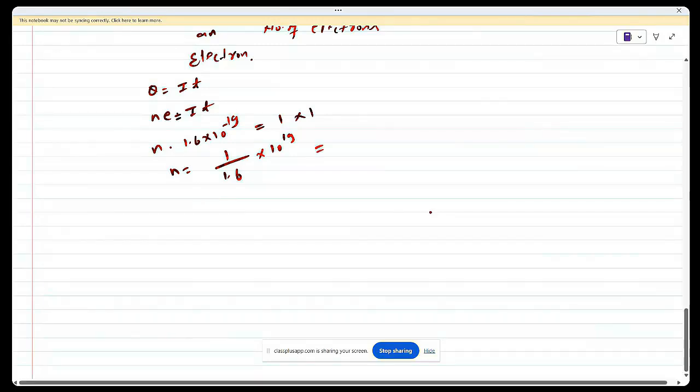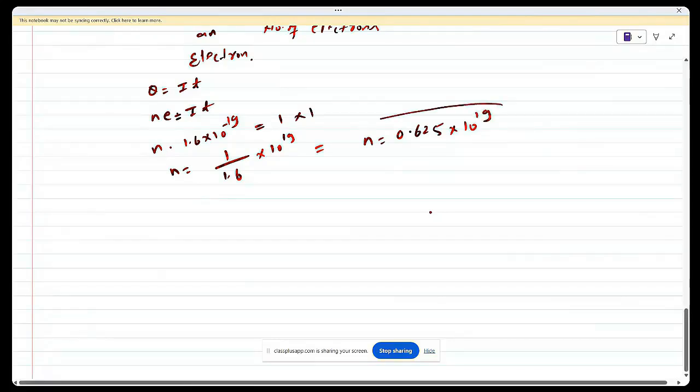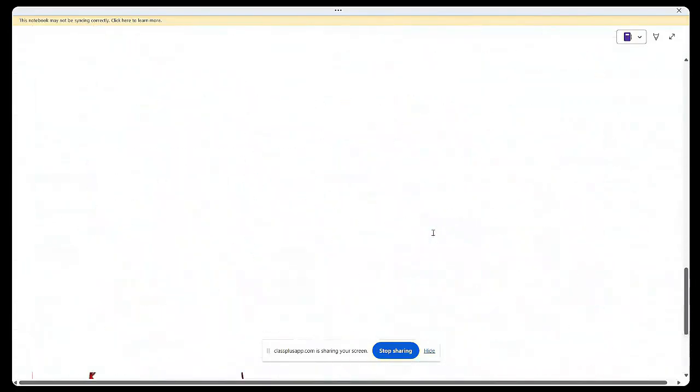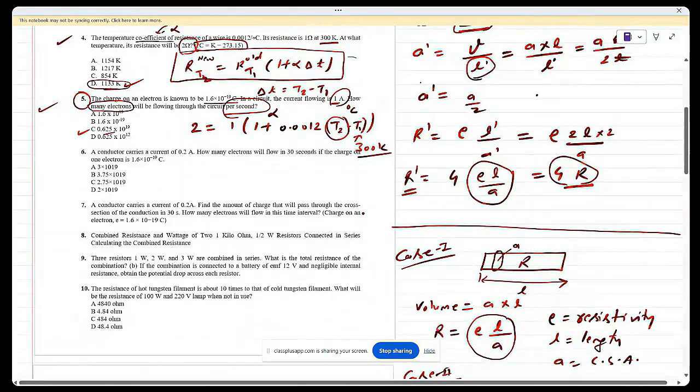It is 1 upon 1.6, so it will be 0.625. So N is equal to 0.625 into 10 to the power 19. This is the answer. Let us check whether it is given in the options. Yes, it is there, 0.625 into 10 to the power 19. This is your answer.